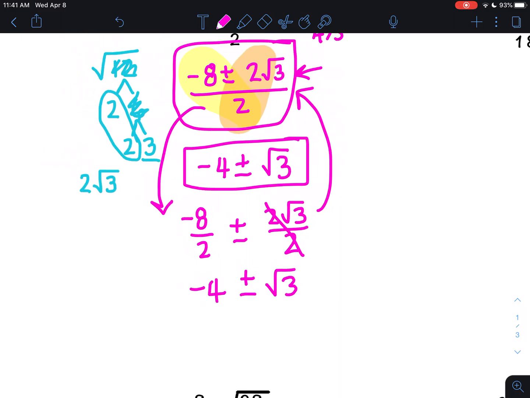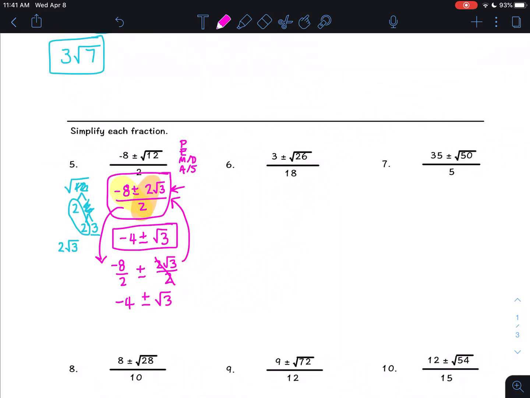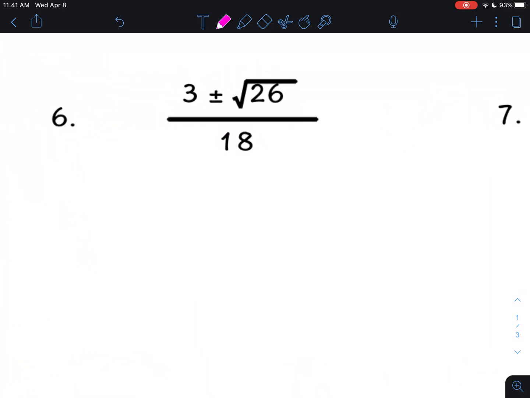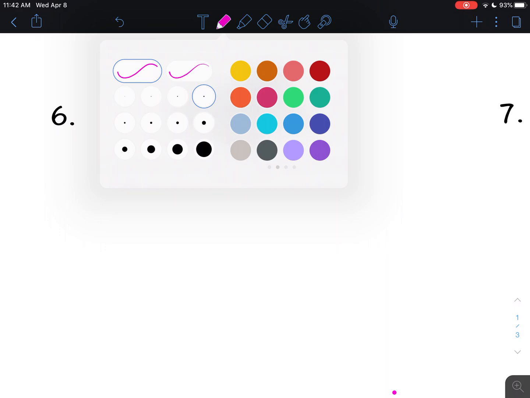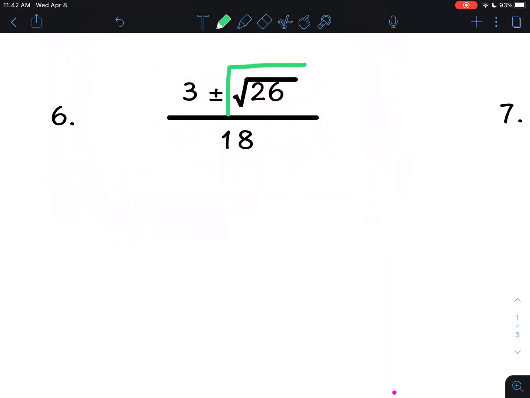All right, so let's try that again with number 6. So I have 3 plus or minus the square root of 26 all over 18. First thing you would try and do is type the square root of 26 into your calculator. It's going to give you a decimal. That should be your hint that you need to simplify.